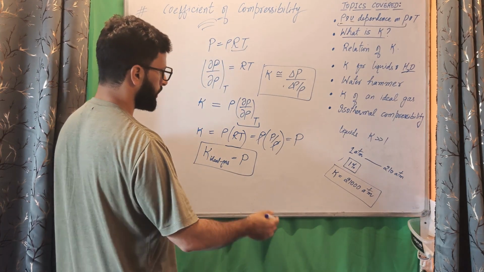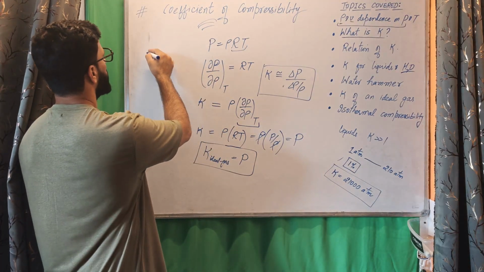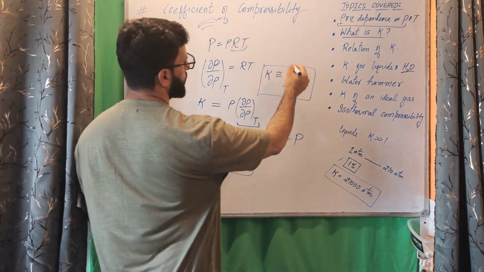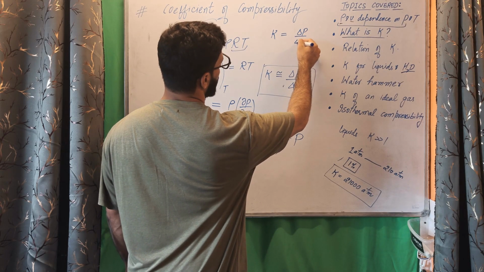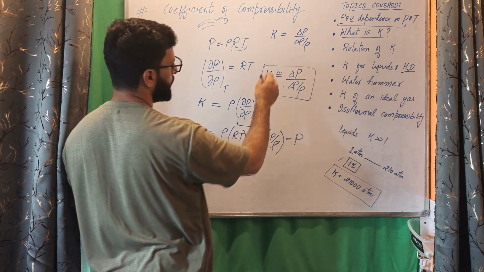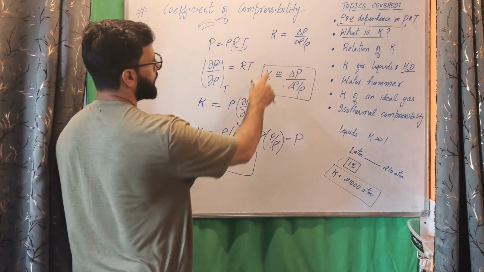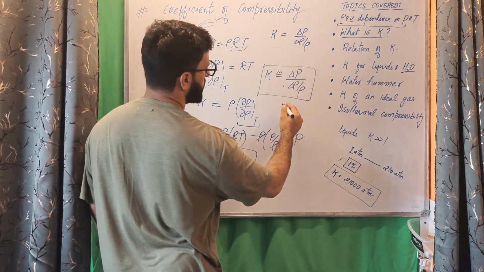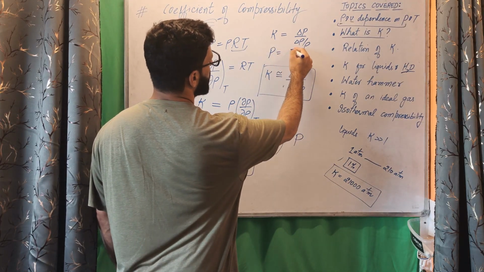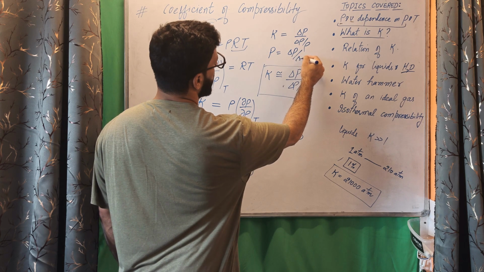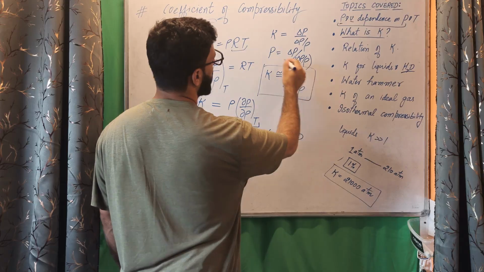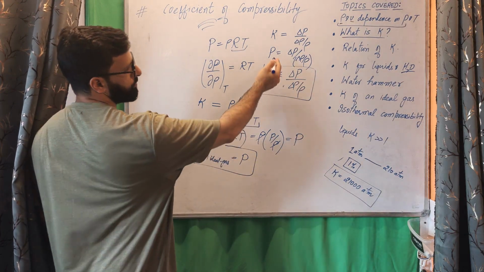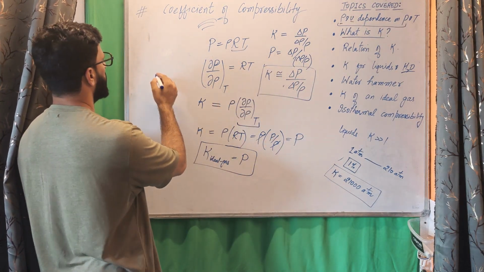Now, one more thing, since kappa is equal to delta P divided by delta rho by rho, and we know for ideal gas kappa is P, we'll replace kappa by P, so we will get P equals delta P divided by delta rho by rho. So we'll take this bracket here and transfer the P from the denominator to the right hand side.